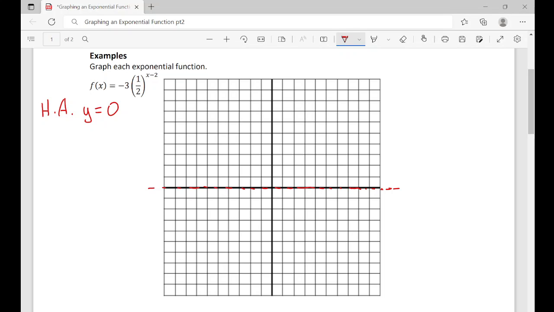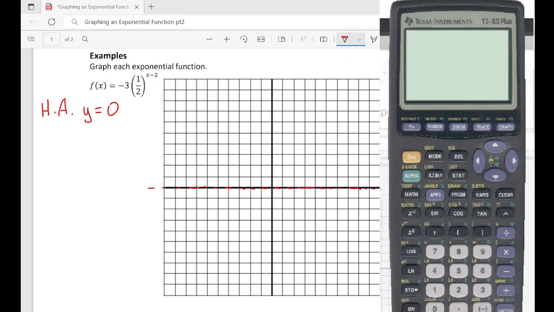And now I'm going to graph this equation, but I'm going to use my calculator to help me. So, calculator, and I'm going to plug it into y equals, so -3 times 1/2 raised to, and it's a good idea to get used to using parentheses, just in case something bad happens.